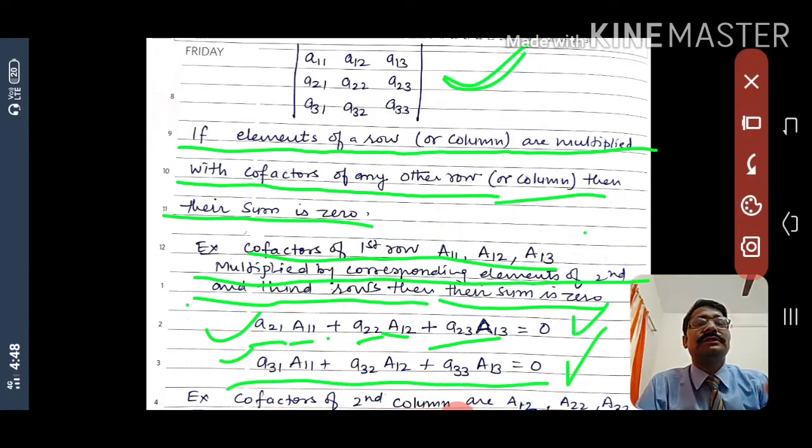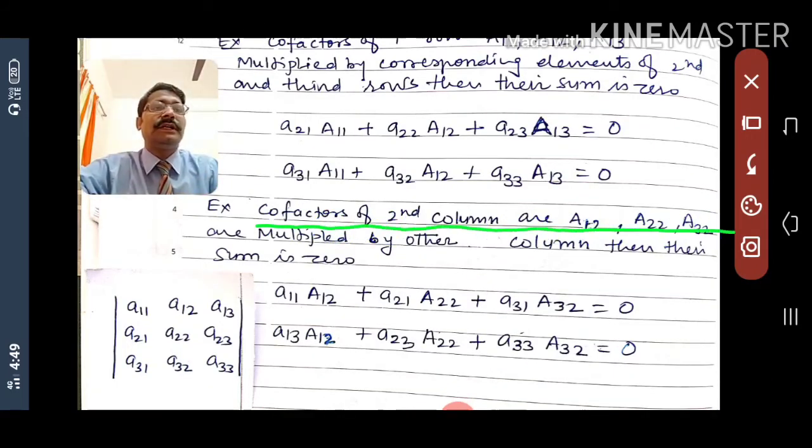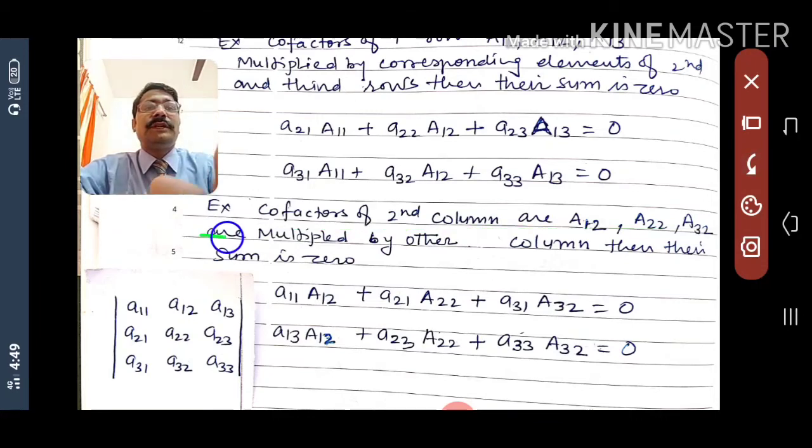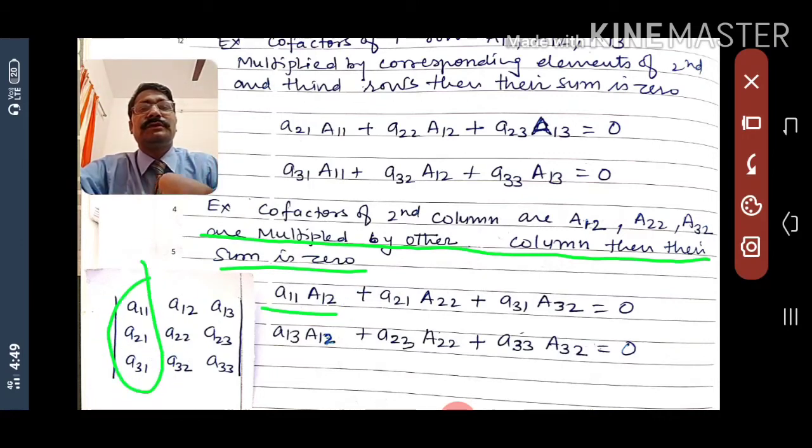Similarly, the second portion you can understand. The cofactors of the second column, A12, A22 and A32, are given; if multiplied by elements of other columns, their sum is 0. Here we take the elements of the first column, but the cofactors are of the second column.